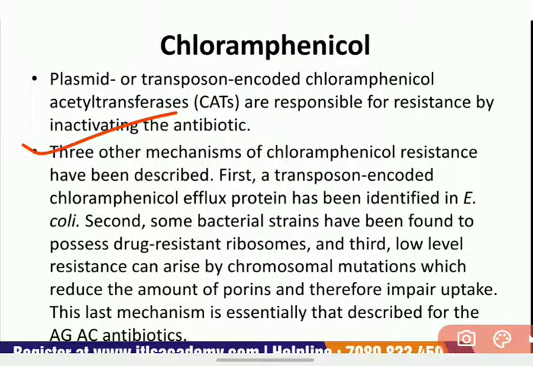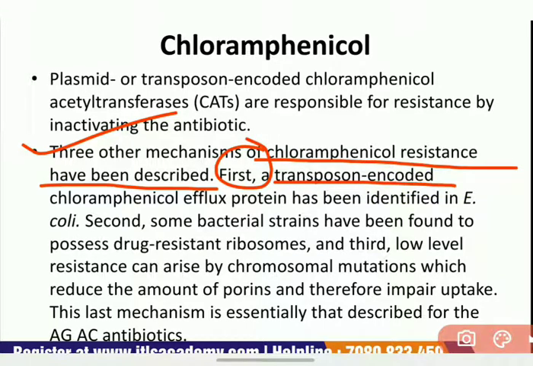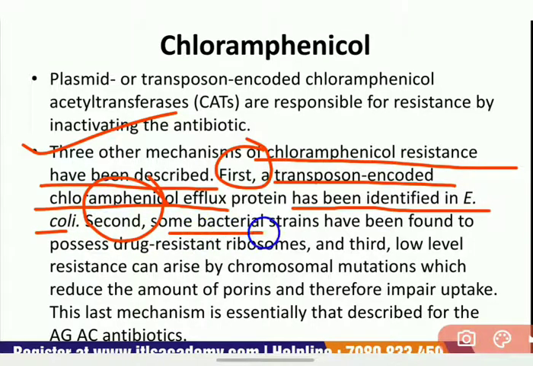Three other mechanisms of chloramphenicol resistance have been described. First, a transposon encoded chloramphenicol efflux protein has been identified in E. coli. Second, some bacterial strains have been found to possess a drug resistant ribosome.